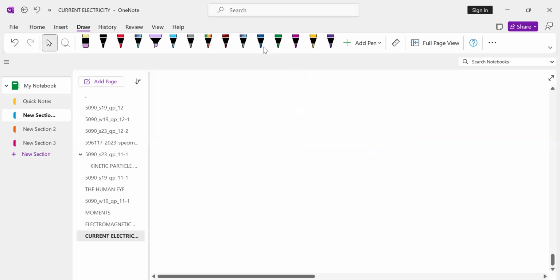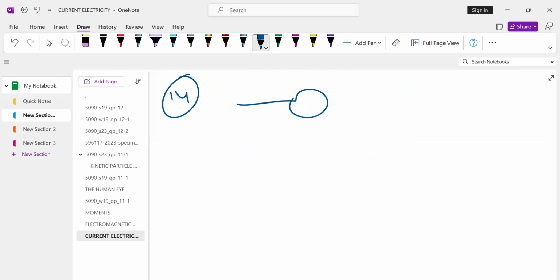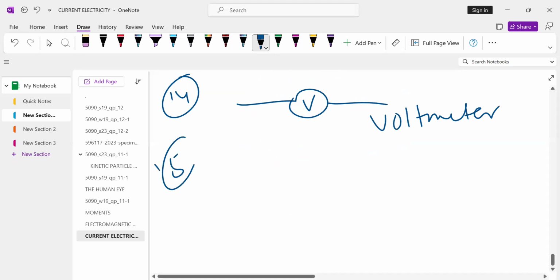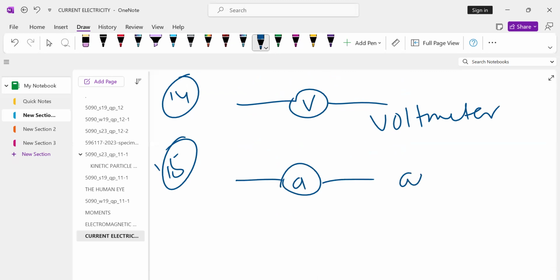Then the 14th symbol is a voltmeter. So this is a voltmeter. Then the 15th symbol is an ammeter, with a small a.